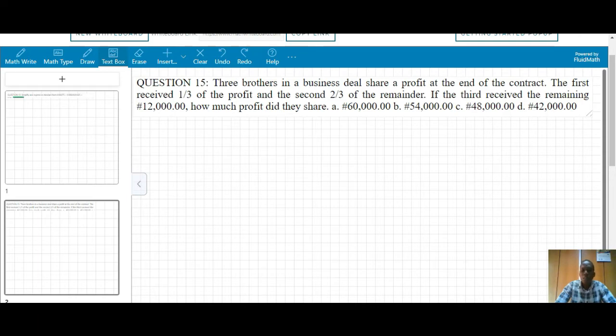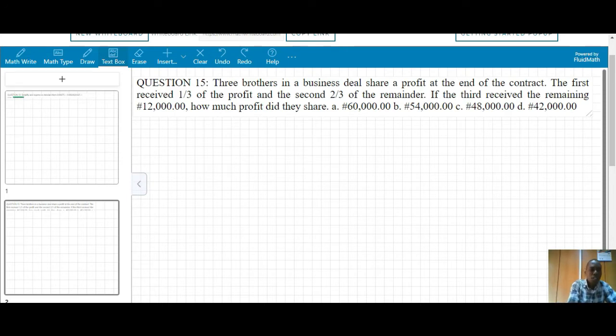Now, this is a question on profit and loss. Let's look at this question one step at a time. The three brothers shared the profit at the end of the contract.